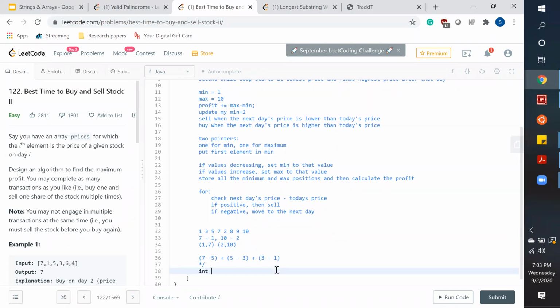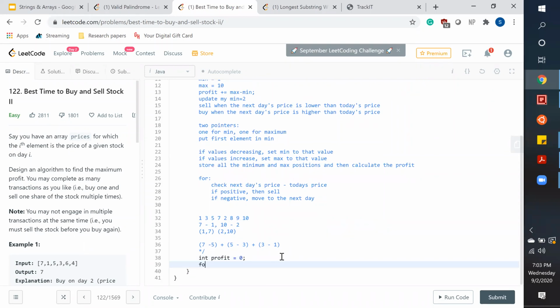So you may get mad that the code is literally this simple, but all you have to do is, what's my array called? Prices. Yeah, all you have to do is just add the difference between the two values to your profit.